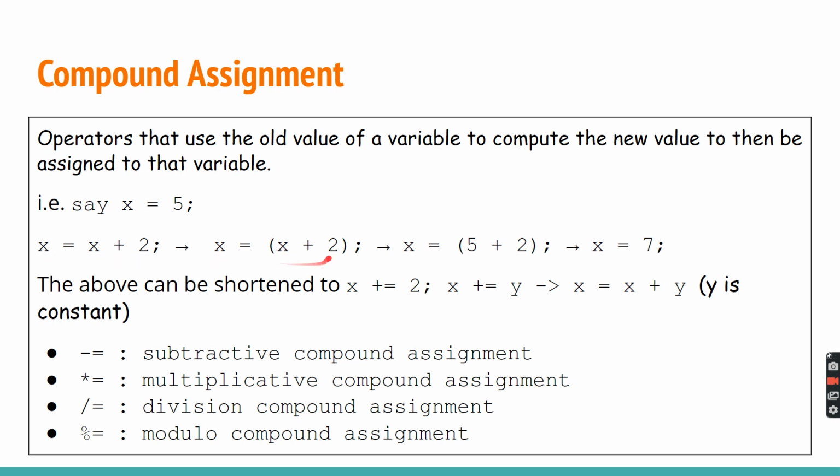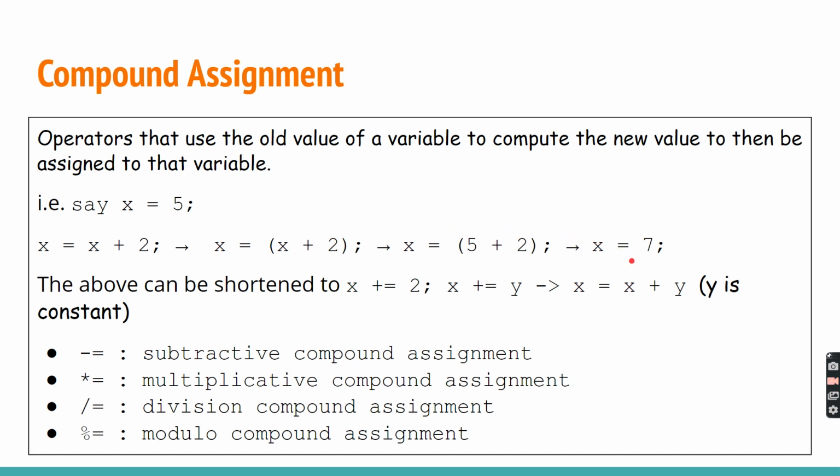So we close x plus 2 in parentheses, and because x is 5, we replace x with 5, and we have 5 plus 2, which is 7, and then lastly we assign 7 to x. So after this expression, x, which was initially 5, will now be 7.